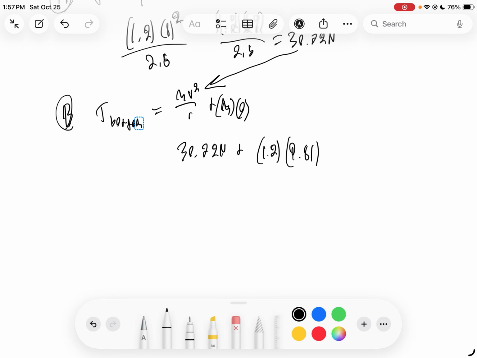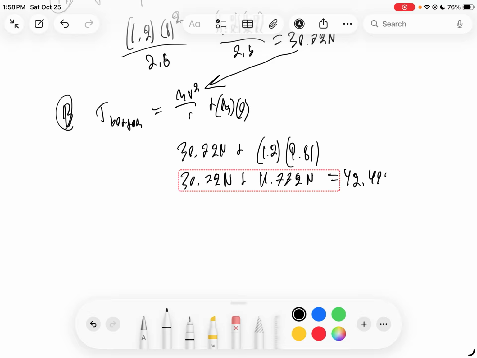So adding these values up, we get 30.72 newtons plus 11.772 newtons, which added together gives a final value of 42.492 newtons, which will be the tension on the string at the bottom of the loop.